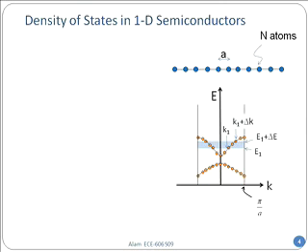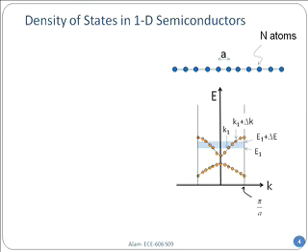Again, I have a chain of n atoms. A is the spacing. The total length will be L, which is n multiplied by A. The solution is given here on the right hand side, and I want to know how many states do I have between K1 and K1 plus delta K. Now here I have just shown you for schematic purposes just 3 states.